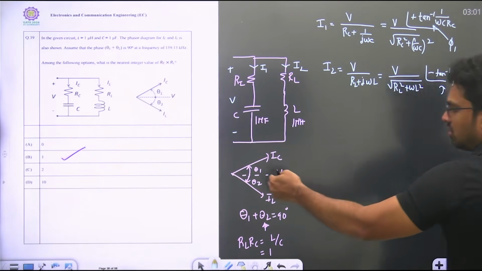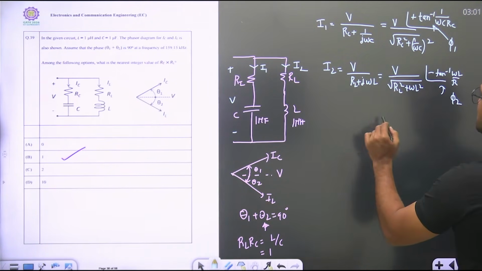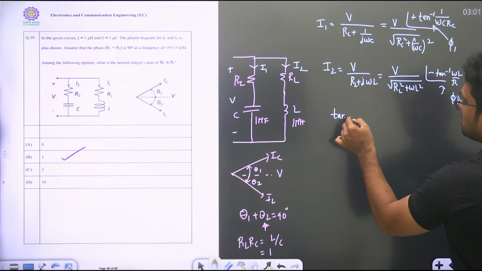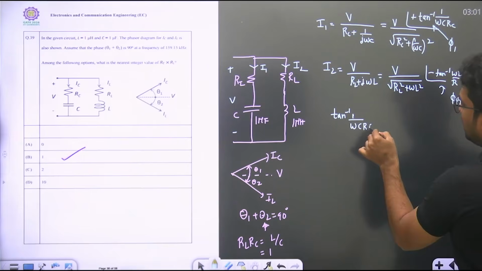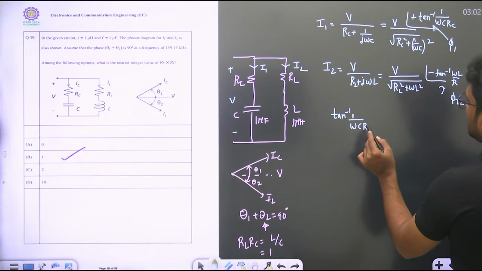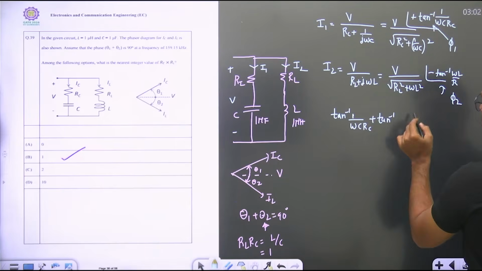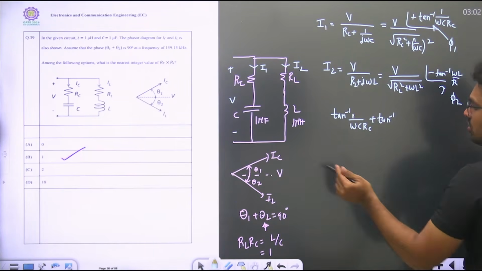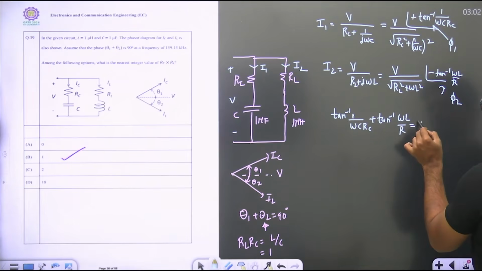So phi2 is in the downward direction, that's why minus, because it is lagging, right? So as per examiner, tan inverse of 1 upon omega C RC plus tan inverse of omega L by RL, here minus is downward direction, okay, magnitude phi1 plus phi2 must be equal to 90 degrees.